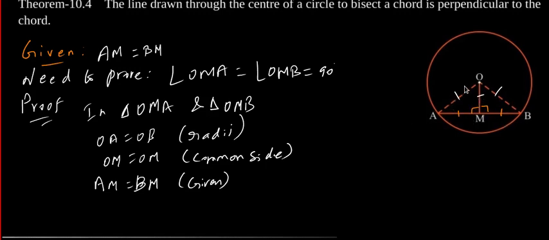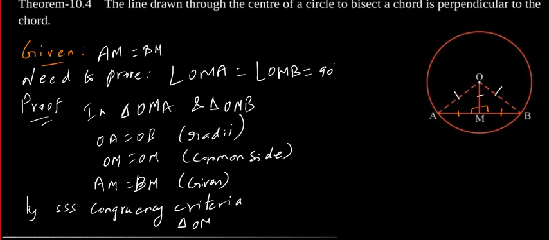So each side of one triangle is equal to each side of the other triangle. So we are getting SSS congruency. By SSS congruency criteria, triangle OMA is congruent to triangle OMB.